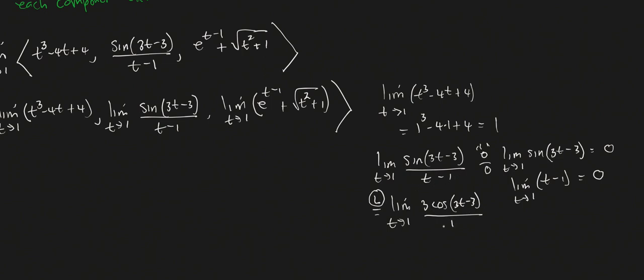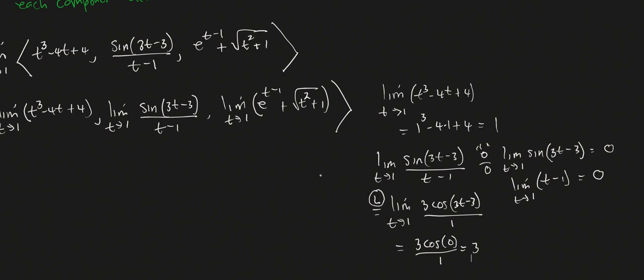So now we know for a fact that this is not indeterminate. We have to get a number out of this. And if we plug 1 in, we end up with 3 times the cosine of 0 over 1, which is equal to 3. So the second component, that limit also exists.